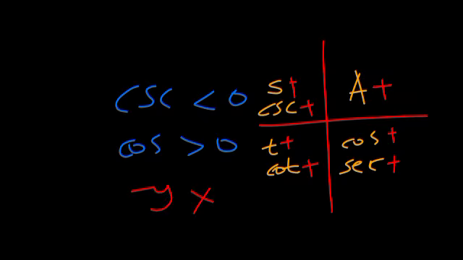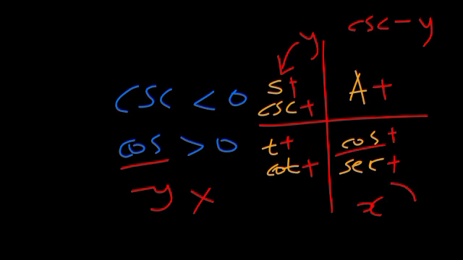Sine is y, and since cosec theta is the reciprocal of sine, cosec theta will also be y. And cos theta is x. The reciprocal of cos theta is sec theta, so sec theta is also x. So where can we find cosec theta, which is y, being negative on this x-y plane?